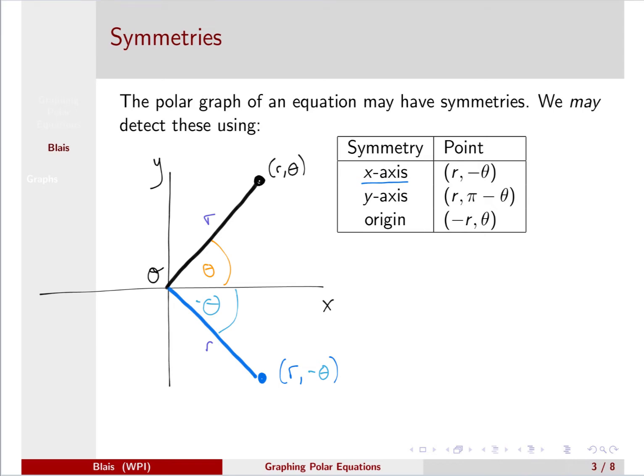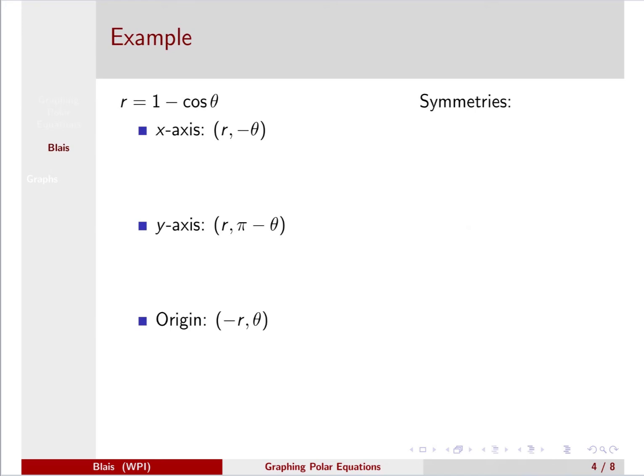So this is a good first step because it saves you work. So for example, let's look at r equals 1 minus cosine of theta and check for symmetries. So first we check for x-axis symmetry. So we want to know if we replace r and theta with their counterparts in this point, do we recover the original equation? Let's check. So we have r, and we have 1 minus cosine of minus theta.